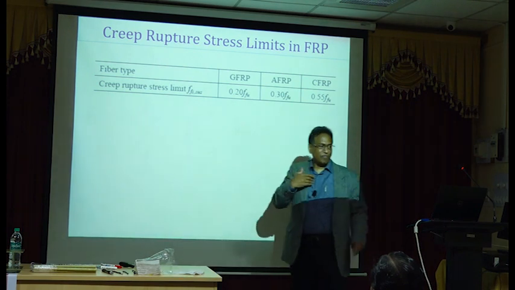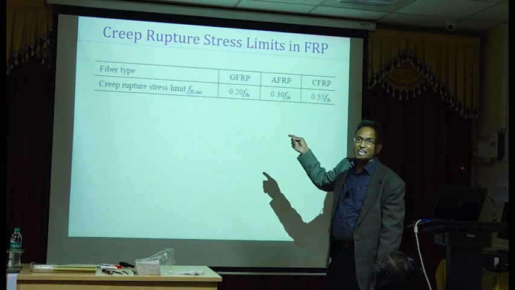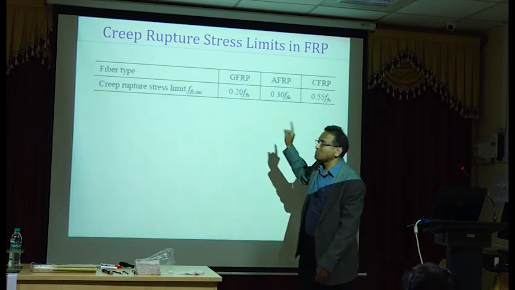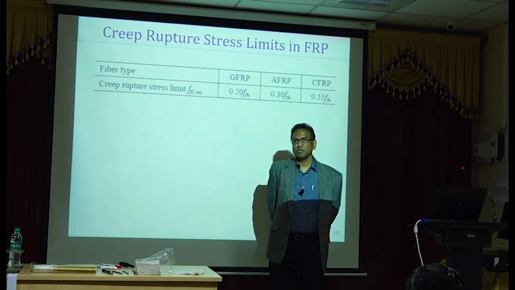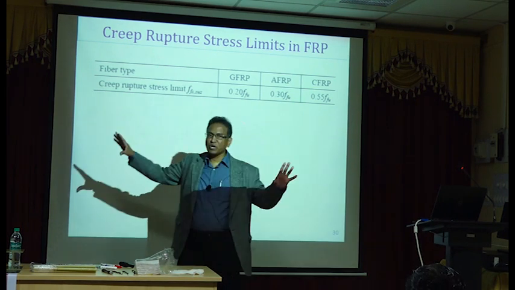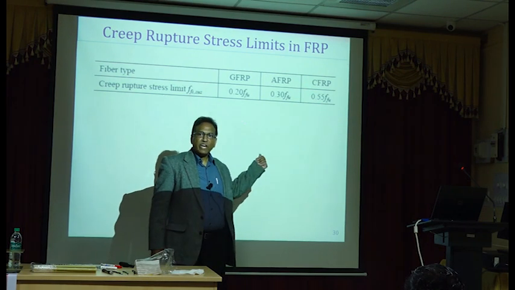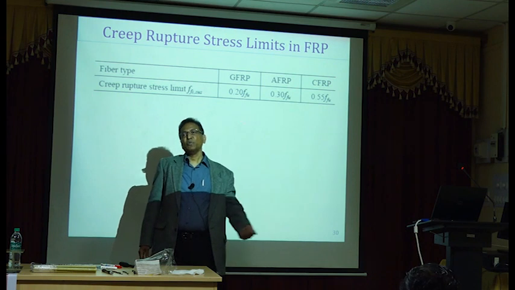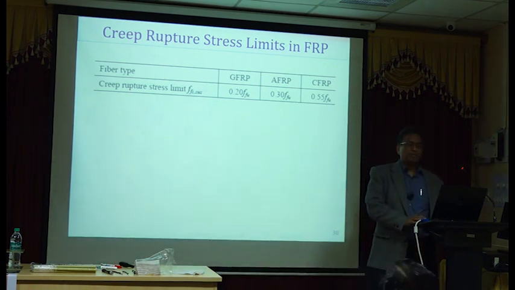So if I am to design something, I will start with creep rupture. Nothing else matters. Creep rupture will govern your design in most cases. So you will do all your calculations, you are ready to do your drawing for construction, everything. And if you check your creep rupture at that time, you will be in trouble because it's likely to govern your design.